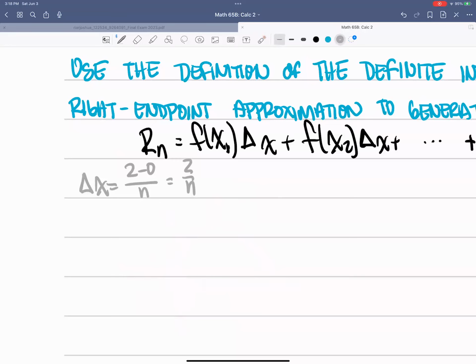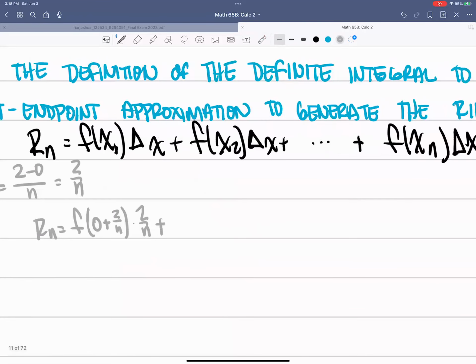So Rn is equal to f of, in this case, we're starting off with 0. So we have 0 plus, we're starting off with x1, so we're moving our delta x over: 0 plus 2 over n, and then delta x, which is our 2 over n here.